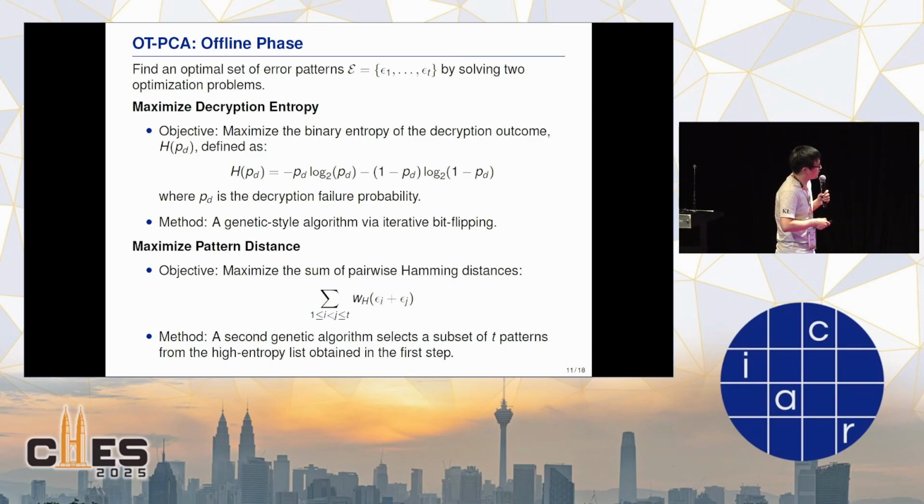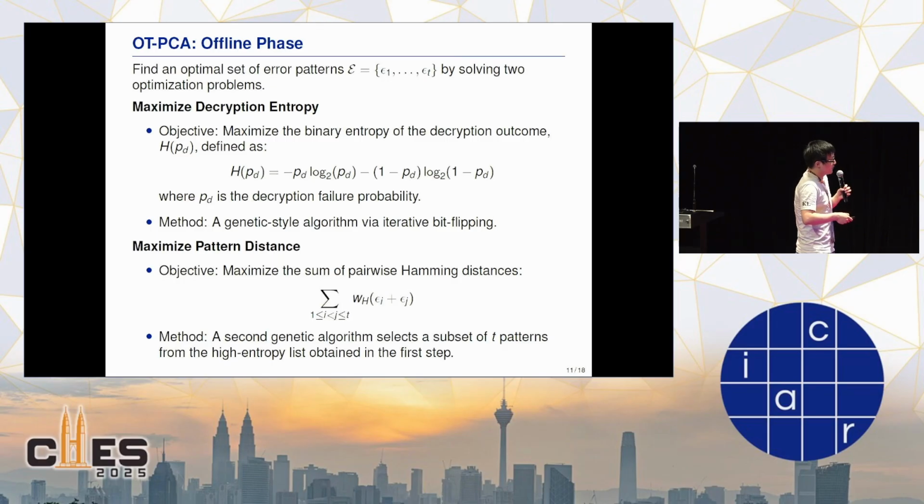The next part, we also want to maximize the pattern distance. The reason is that we have multiple observations, these T observations, and we want each observation to be independent, so we have maximized mutual information.